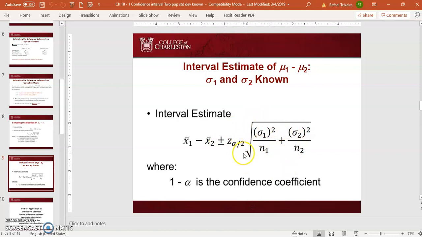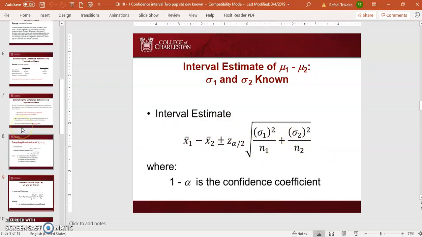This margin of error is based on the standard deviation for the difference, which is given by this formula, multiplied by a z-score for the confidence level. You know all this, okay? And alpha is where 1 minus alpha is the confidence coefficient. So we have been through this in chapter 8. Now what we're doing is adding a second sample and a second standard deviation.